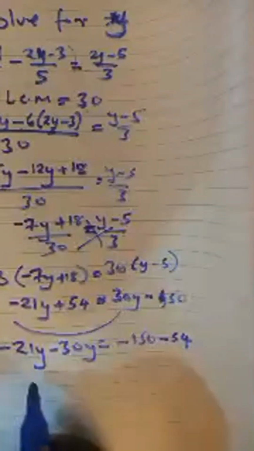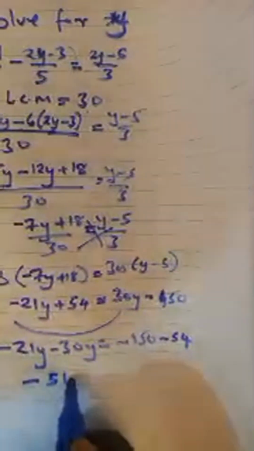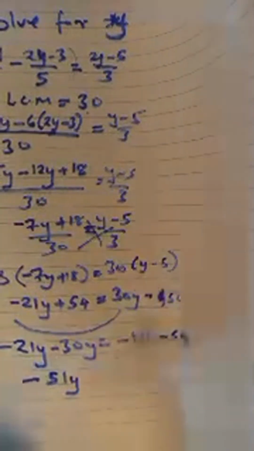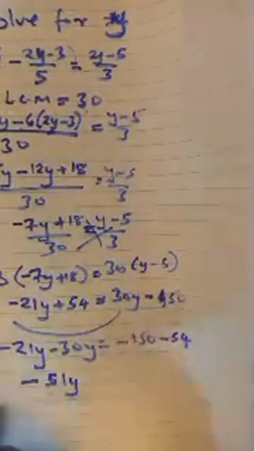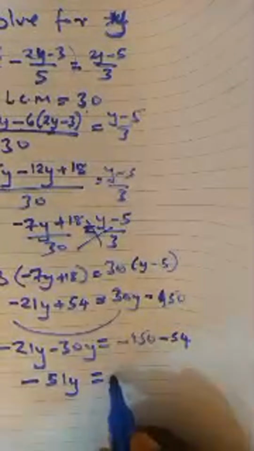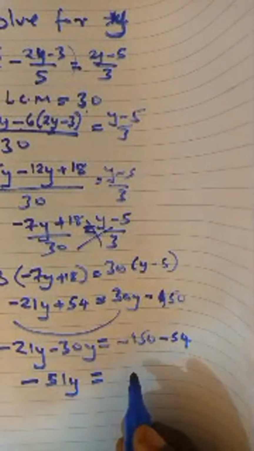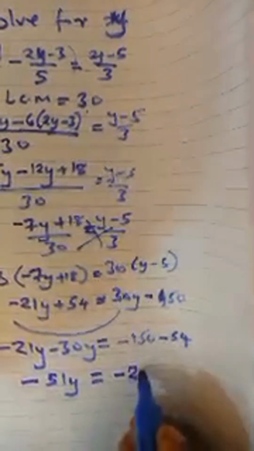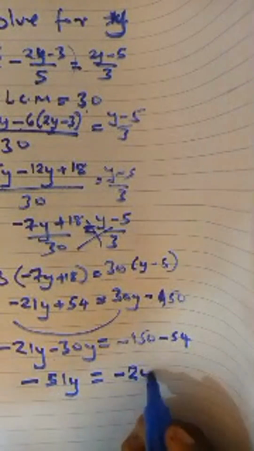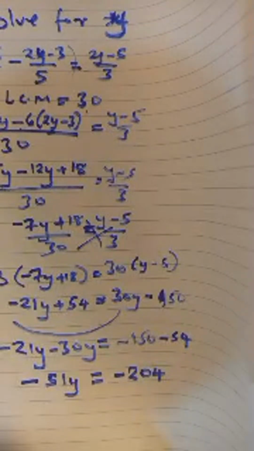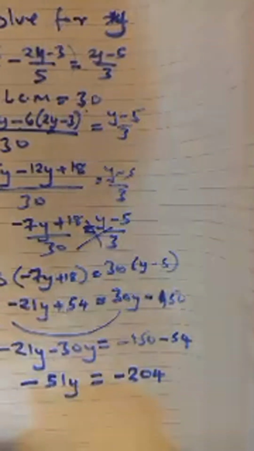So this side I have minus 51y. That is minus 21 minus 30 should be equals to negative 204.